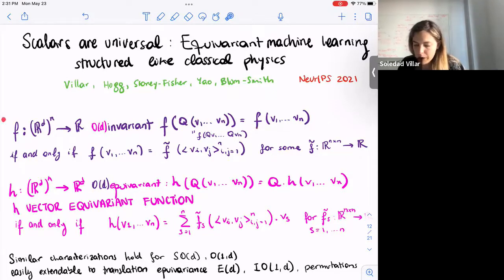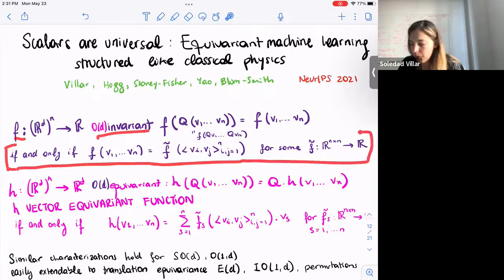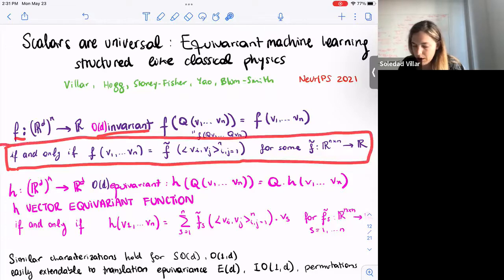So how do we do that? Well, the classical theory of invariant functions tells you that a function is OD invariant if and only if it is a function of the scalar products of the input vectors. And this is what I'm writing here: if and only if f is equal to f tilde of the pairwise inner products of the vectors for some f tilde.